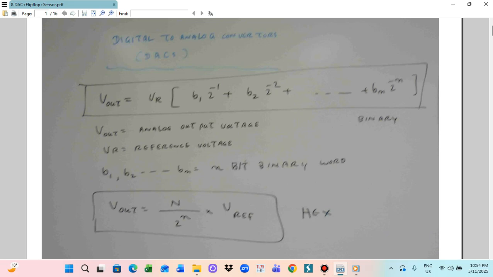In this case, VR is equal to the analog output voltage, and VI is the reference voltage.